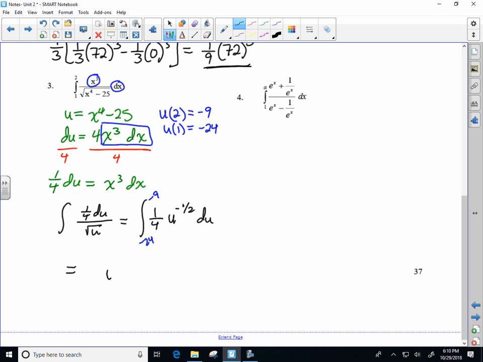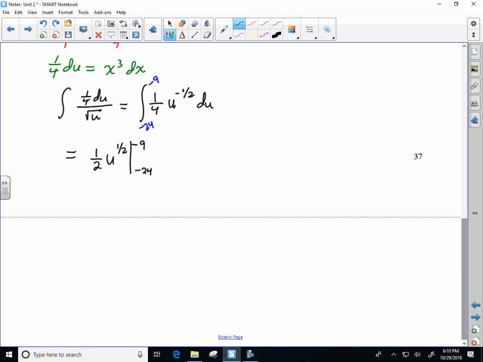Anti-differentiate, u to the 1/2. We're taking the 1/4 and dividing it by that 1/2, so it's the same as multiplying by 2. So 1/2 u to the 1/2. And you can check by taking the derivative over the interval of -24 to -9.